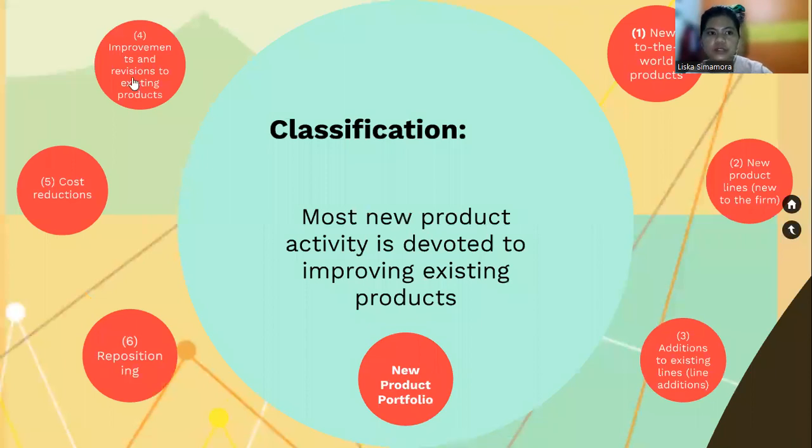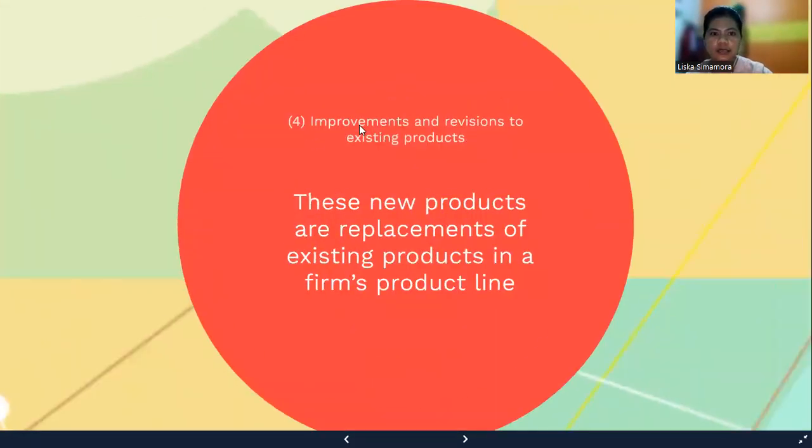Okay, so this one is the improvement and revision to the existing products. They have here, these new products are replacements of existing products in a firm's product line.